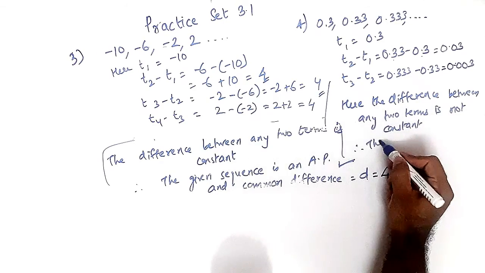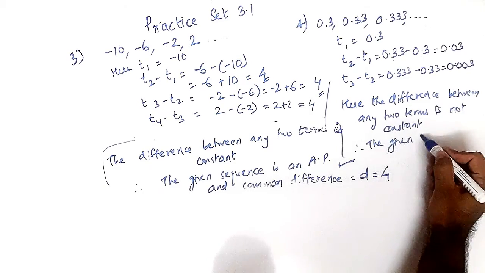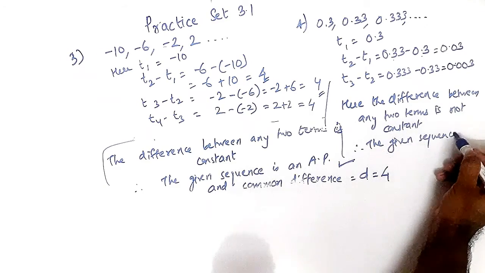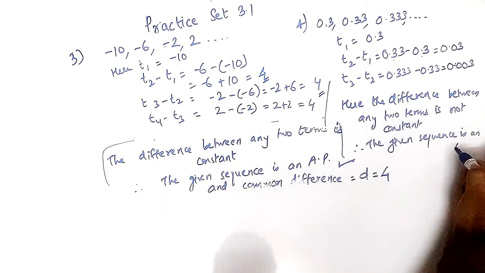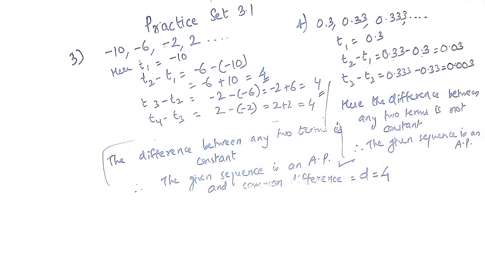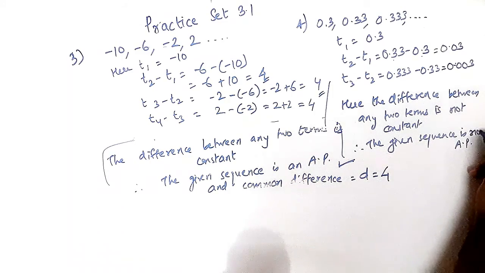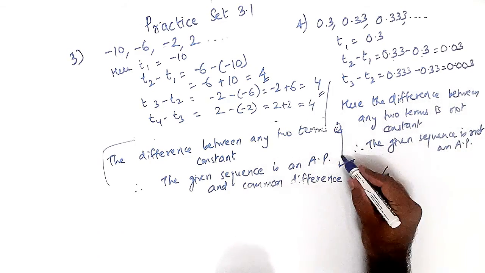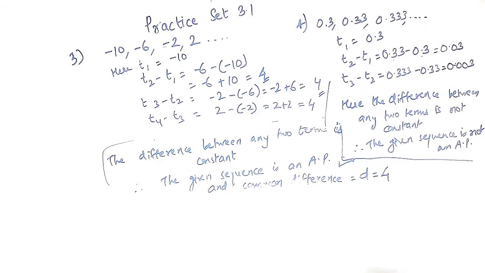Therefore, the given sequence is an arithmetic progression. Sorry, is not an AP. No need to write the common difference because the common difference is not common. Simple. Coming on to sum number 5.